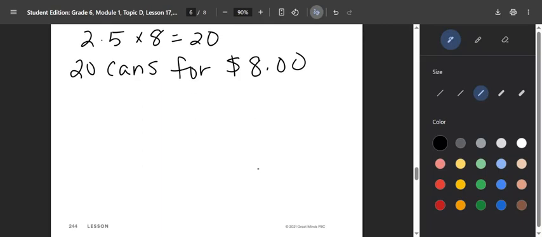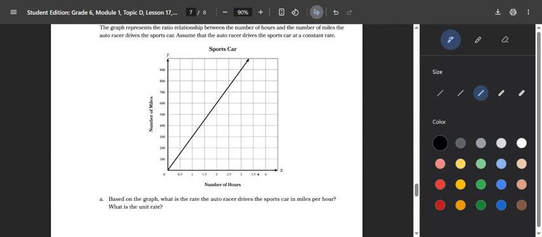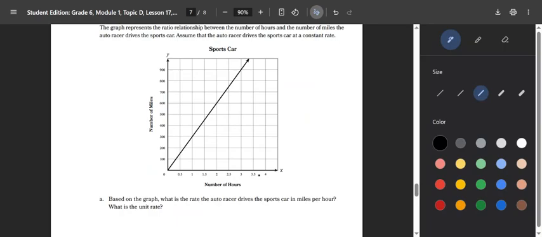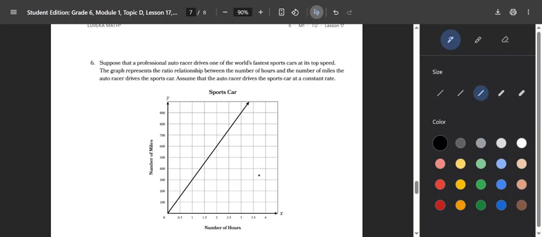All right, folks, let's look at number 6. Suppose that a professional auto racer drives one of the world's fastest sports cars at its top speed.